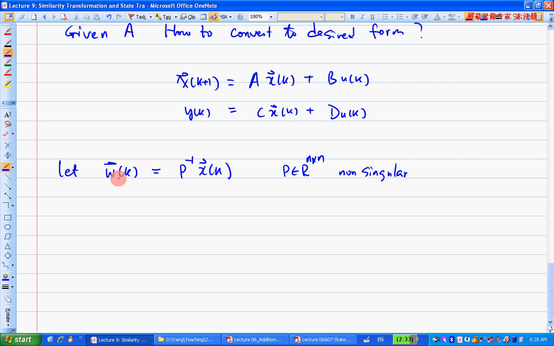If I do this, then I have a transformation from your original state variable to a new set of state variables here. You see that, right? So this is a new set of state variables.